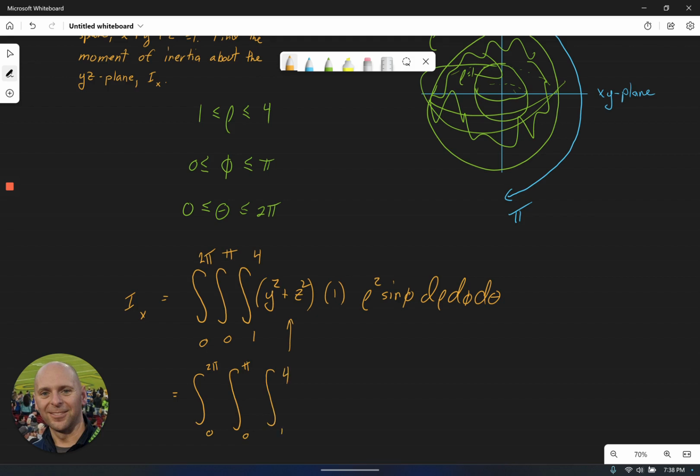Y in spherical coordinates is rho sine phi sine theta. So we have a rho squared sine squared phi sine squared theta plus a z squared, and z is cosine phi in spherical coordinates. So I have a rho squared cosine squared phi.